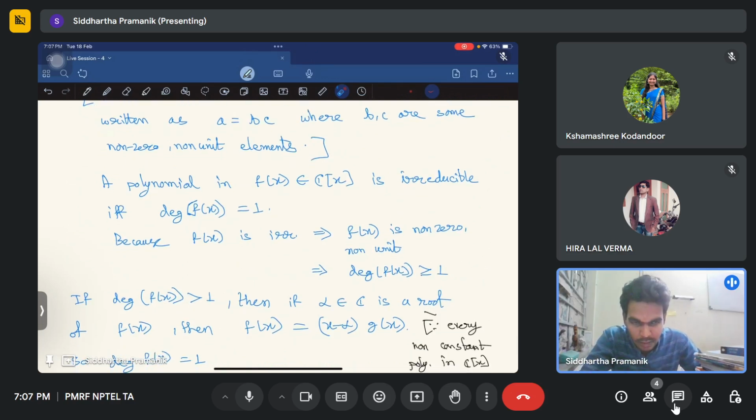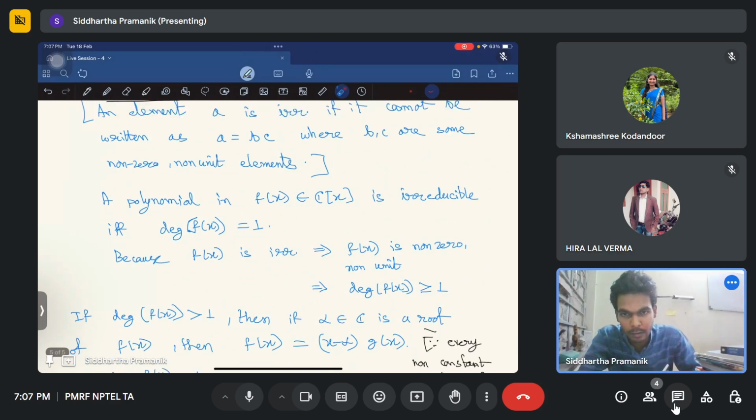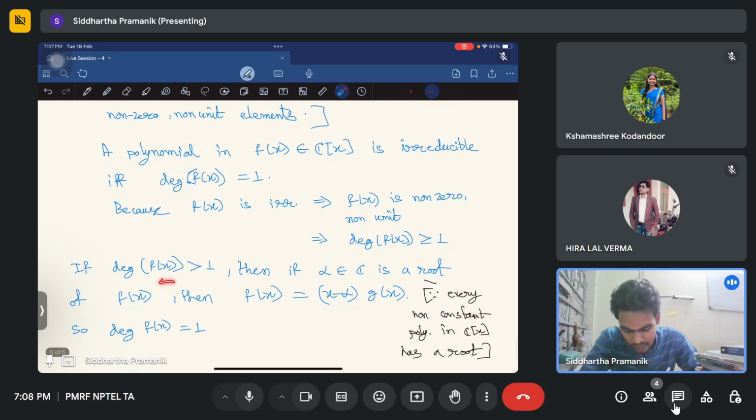So degree 1 polynomials are always irreducible because they cannot be factored into non-zero, non-unit elements. And conversely, if f is irreducible, then by definition it has to be non-zero, non-unit. So that means it cannot be a constant polynomial. So its degree is at least 1. Now if its degree is bigger than 1, it has a root. So just take one root and factor it out.